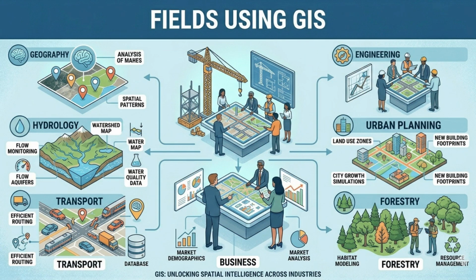GIS includes a wide range of technologies, processes and methods. It is used in many different fields such as geography, engineering, hydrology, urban planning, telecommunications, transportation, forestry and even business. This shows how widely GIS is applied in real-world situations.